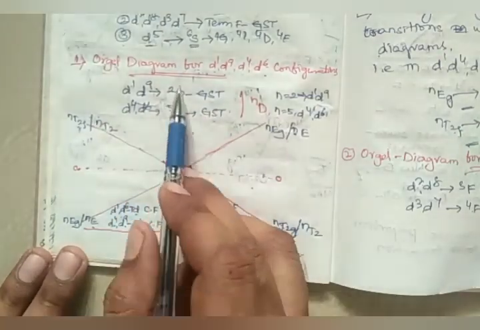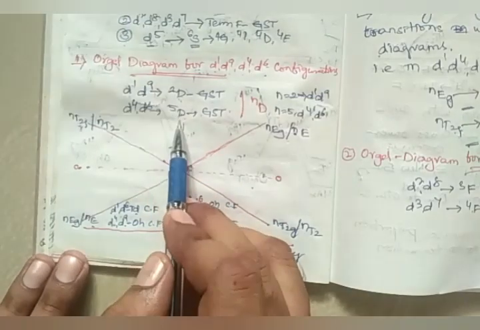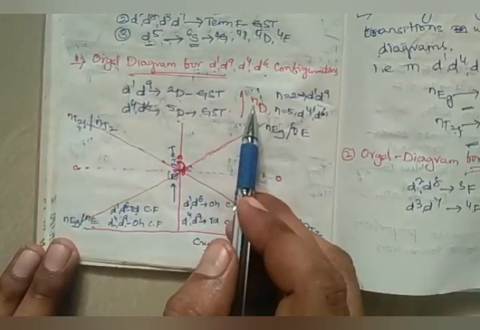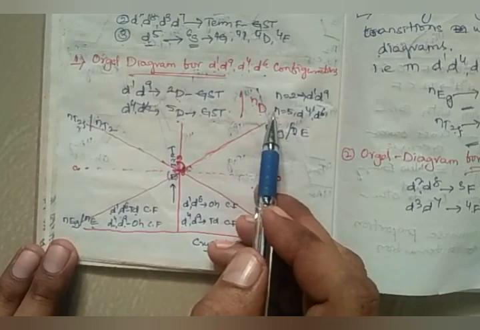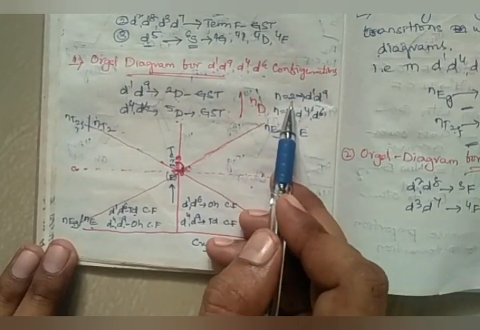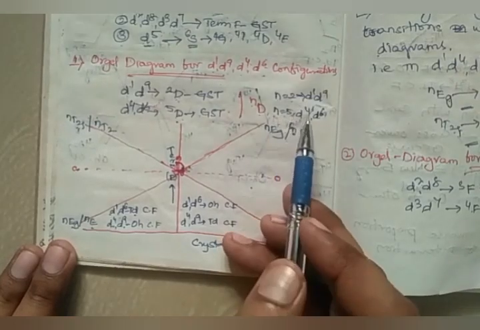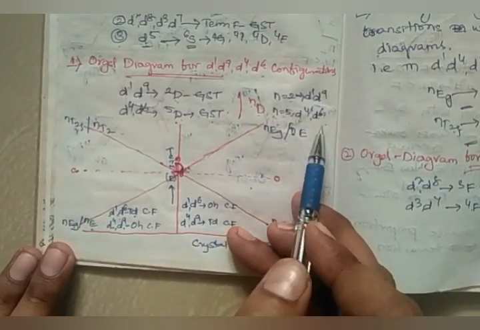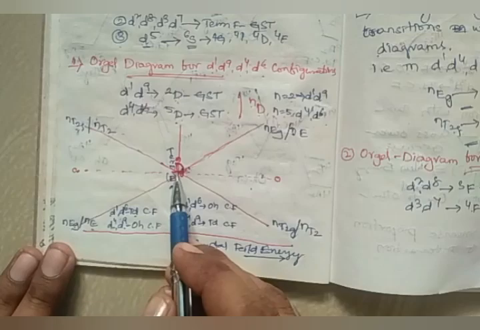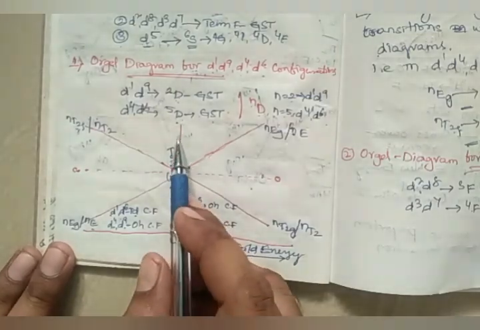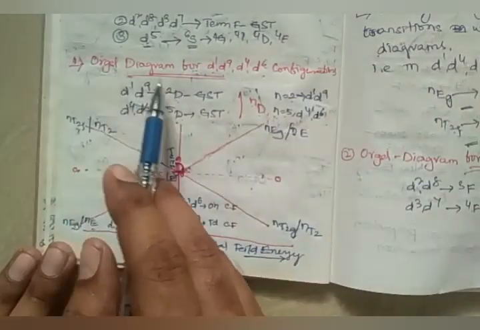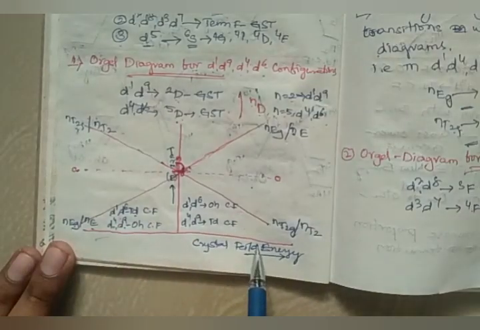Generalizing these 2D and 5D terms, it is termed as nD, where n is equal to 2 for d1, d9 configuration, n is equal to 5 for d4, d6 configurations. So taking the generalized n term, to exploit the Orgel diagram, we have 2 scales.